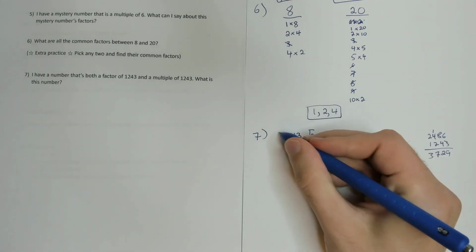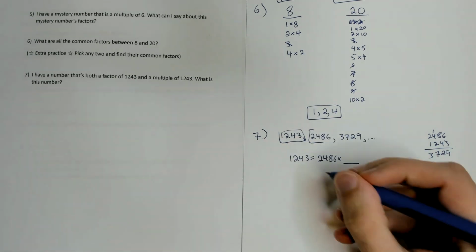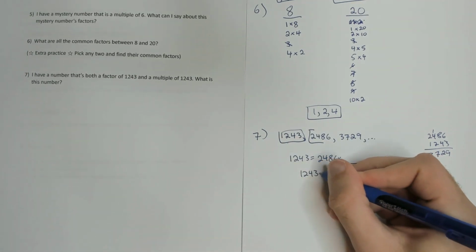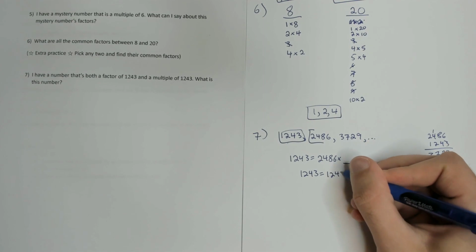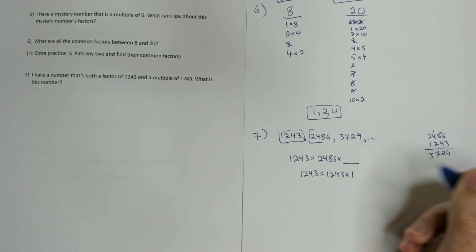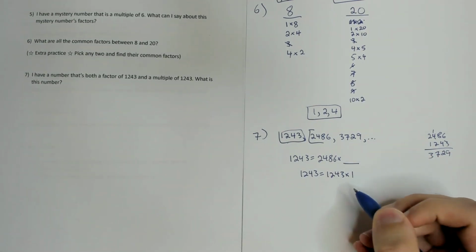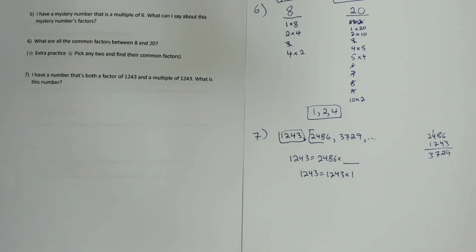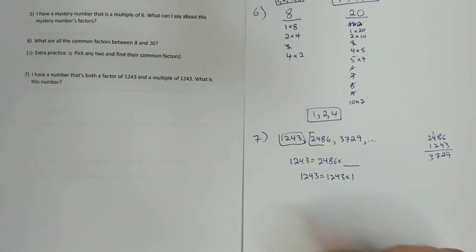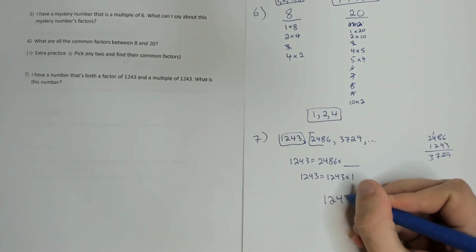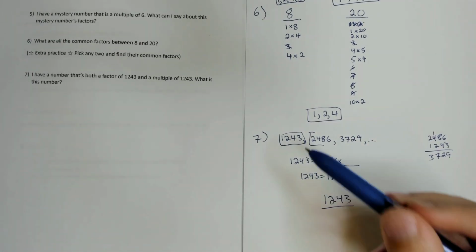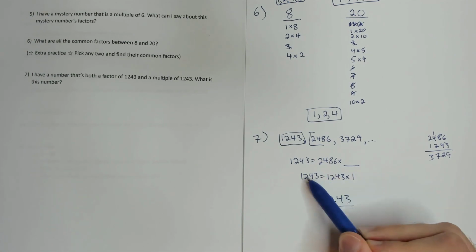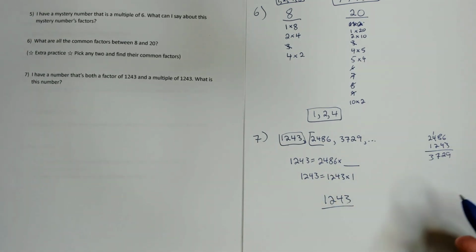But we do know that this would work as a factor of 1,243 since 1,243 equals 1,243 times 1, right? And 1 is a whole number, so that means it's a factor of it. But it's also a multiple of 1,243. So this number has to be 1,243, because it's both a factor of it, where we can multiply it by 1, but it's also a multiple of itself.